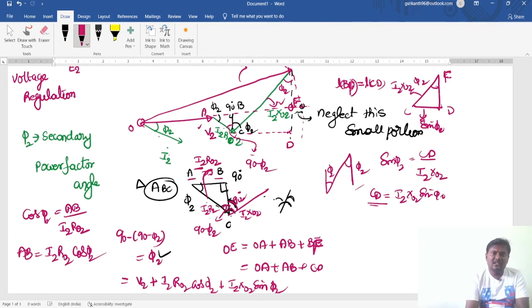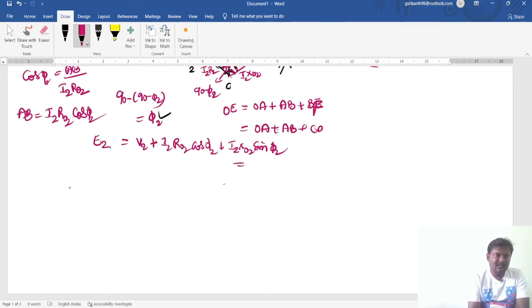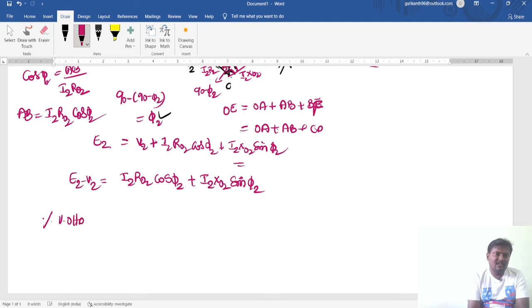The OE length is equal to OF length by neglecting the small portion, that is called the E2. Now E2 minus V2 is equal to I2 R02 cos phi 2 plus I2 into X02 sin phi 2. So what is the percentage voltage regulation formula?